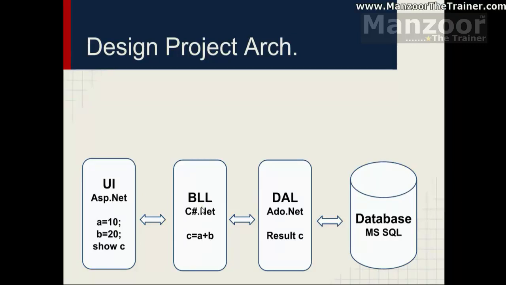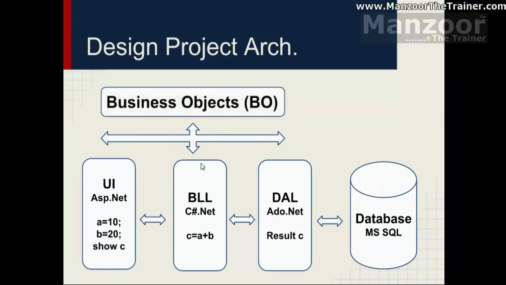So that container is normally called business objects or the business object layer. The UI will store these values in a business object, and the business layer will read these values, perform the operations and store the result back to the business object. And the data access layer will read the business object, and they pass business objects from one layer to another by calling methods.